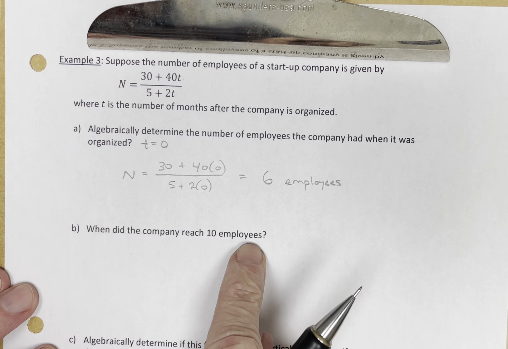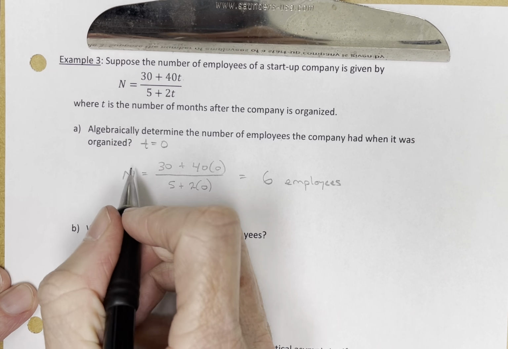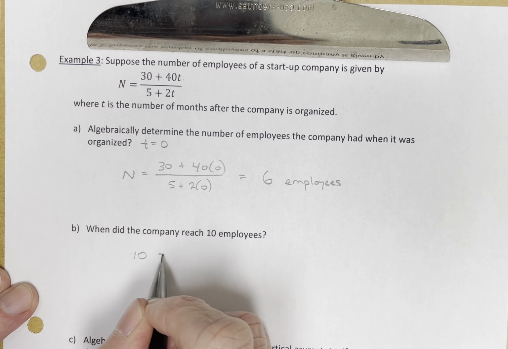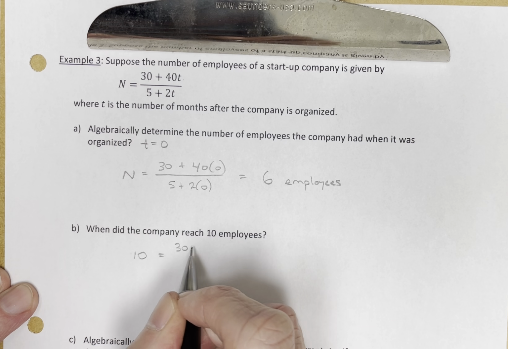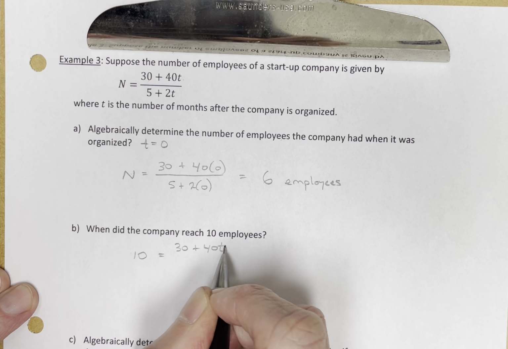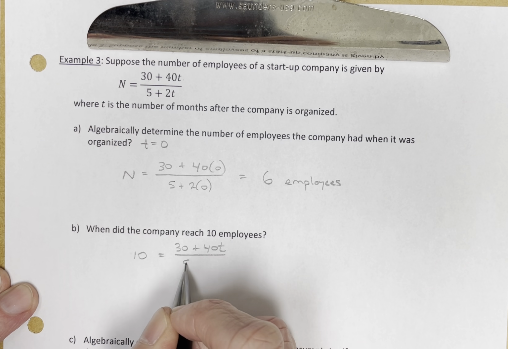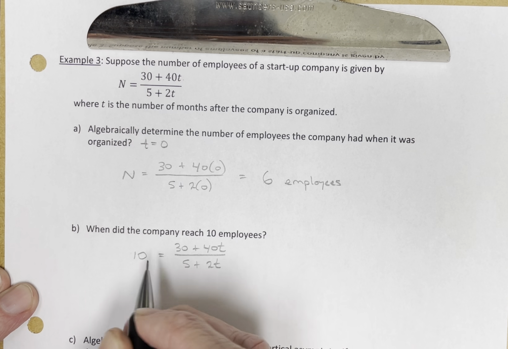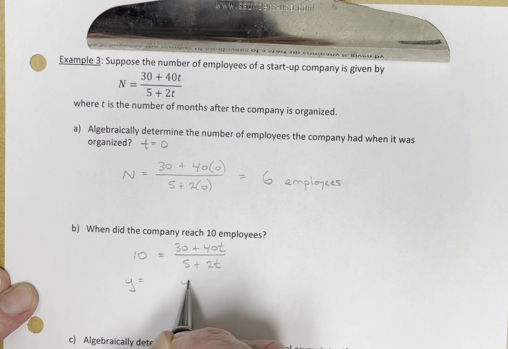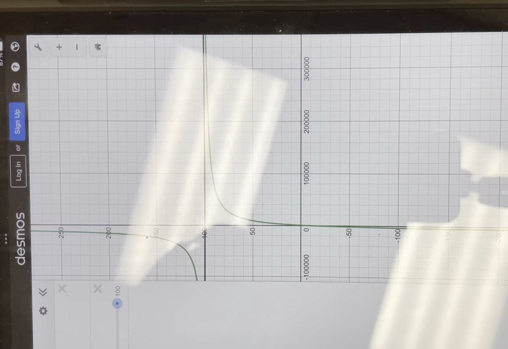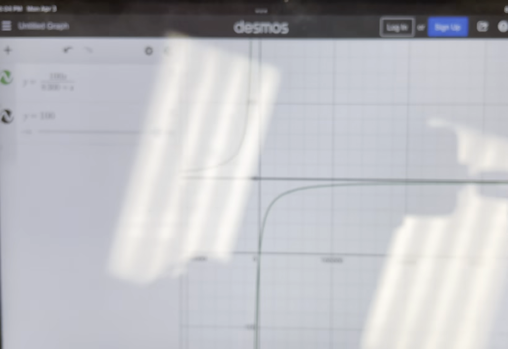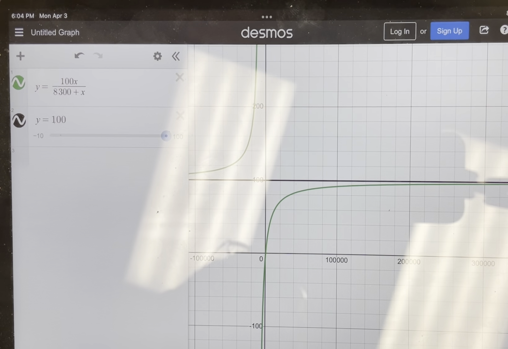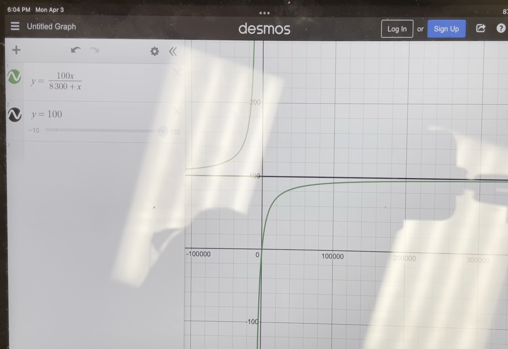When did the company reach 10 employees? We want the number of employees to be 10, so we want 10 to equal (30 plus 40t) over (5 plus 2t). Well, we'll use the intersection method. Y equals, and y equals. We'll go into the graph on my iPad in landscape mode.